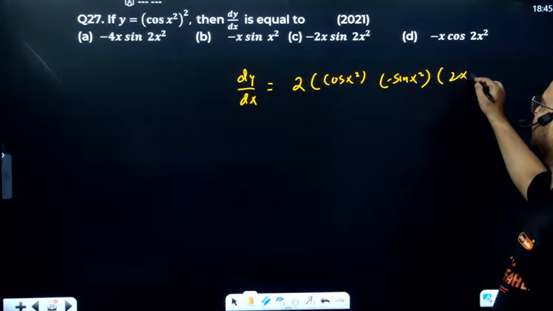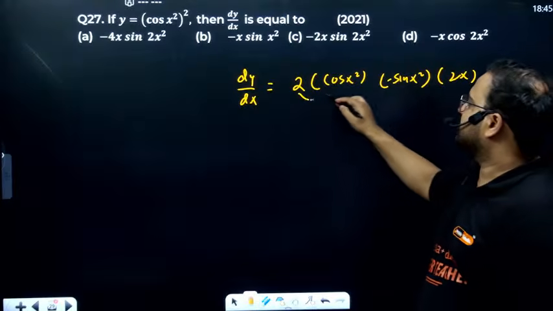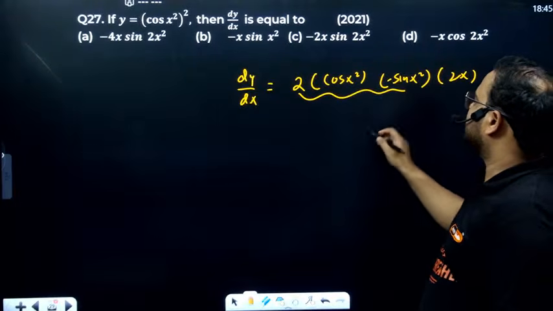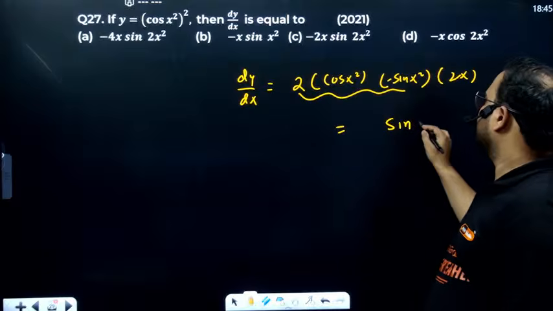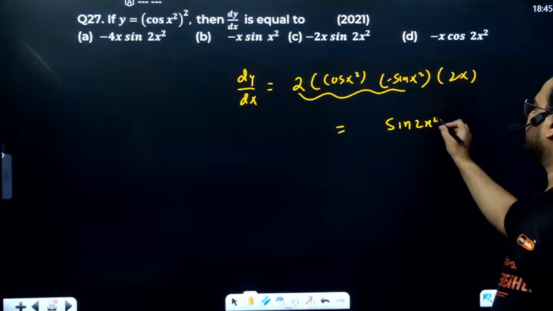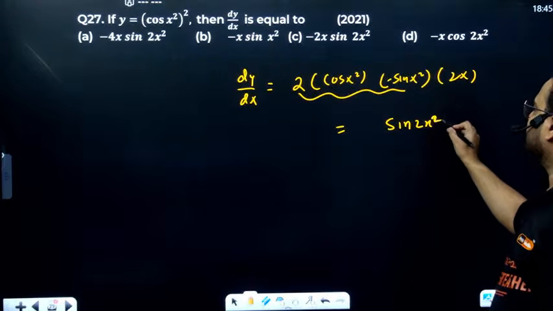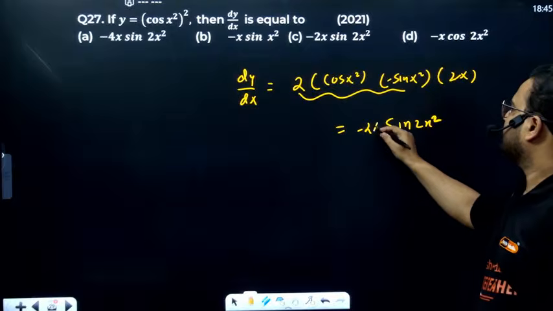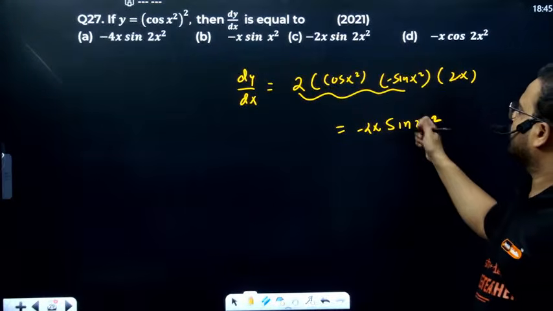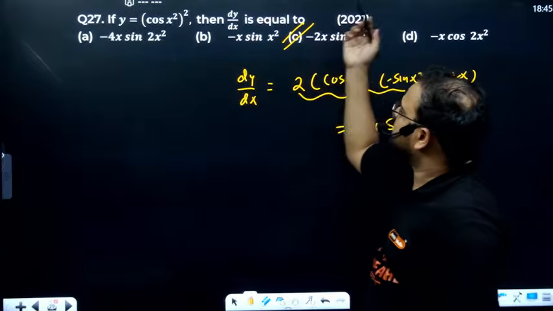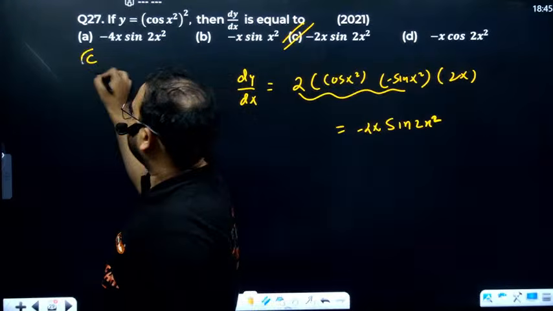You'll have 2x. Check. This forms a formula, 2 sine a cos a, which becomes sine 2a. And this becomes minus 2x. So minus 2x sine 2x square is option C. That's option C.